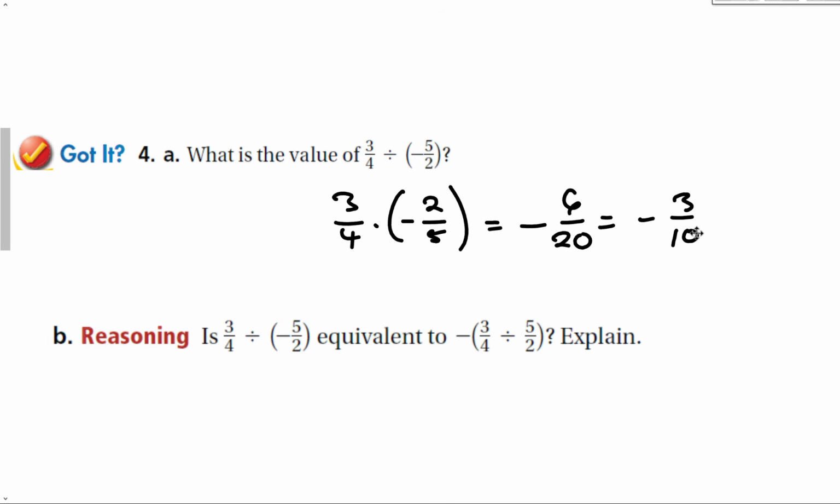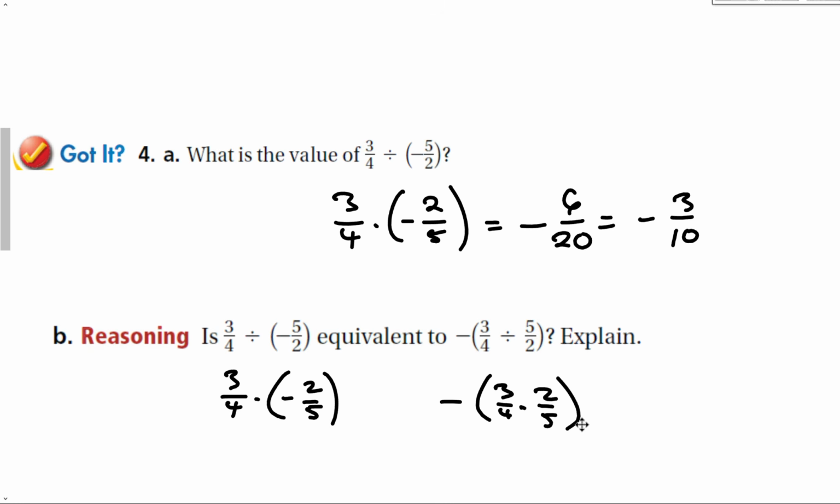Is negative 3 over 4 divided by negative 5 over 2 equivalent to 3 over 4 divided by 5 over 2, all of that negative? Well, let's see. We got 3 over 4 times negative 2 over 5, and in this case, we have a negative 3 over 4 times 2 over 5.